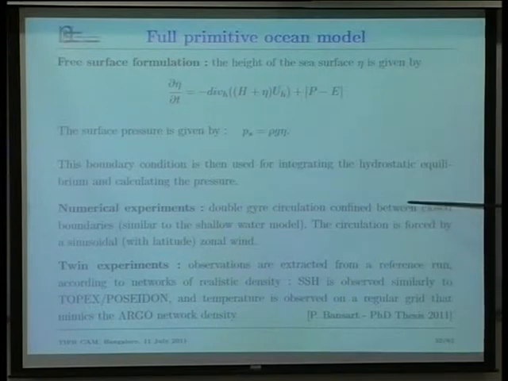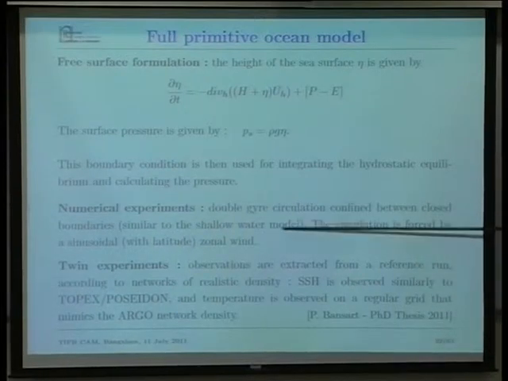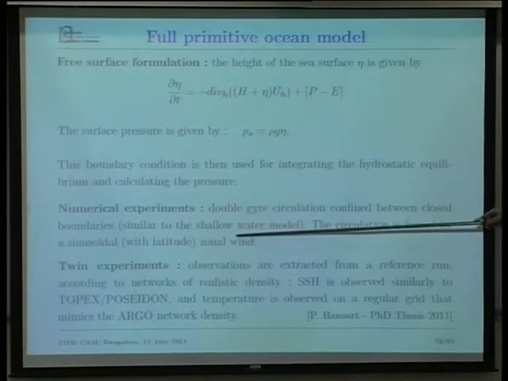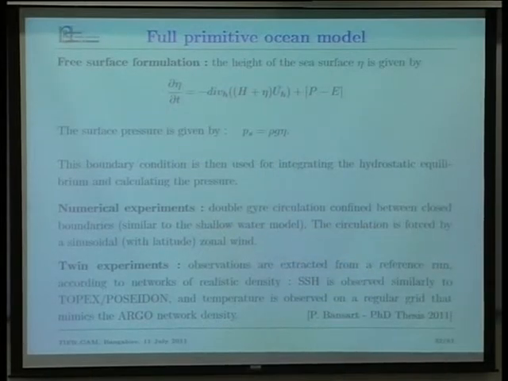So it's still like the shallow water model. It's a double gyre circulation between closed boundaries, so still square boundaries. And we use a sinusoidal zonal wind to force the model. Still twin experiments. You generate the observations from a reference frame. You extract the observations.